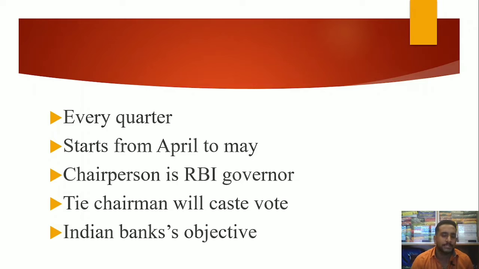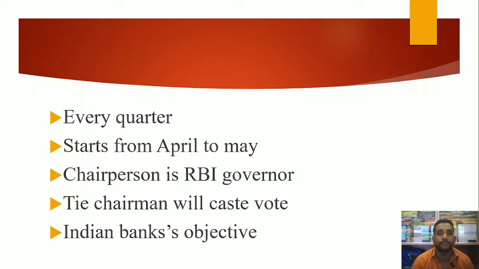The objectives and decisions of the Monetary Policy Committee are not followed only by public sector banks. They are also followed by small financial institutions, non-banking financial institutions, and private sector commercial banks. All the banks, development banks, and commercial scheduled banks follow these guidelines.